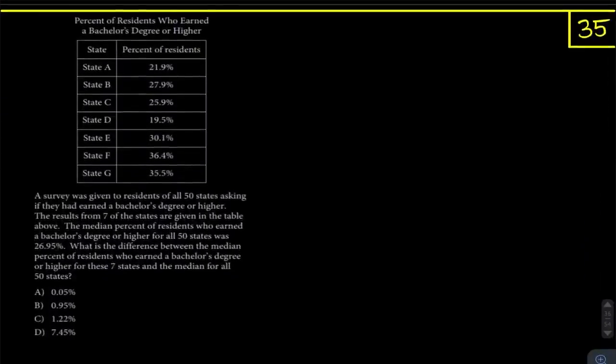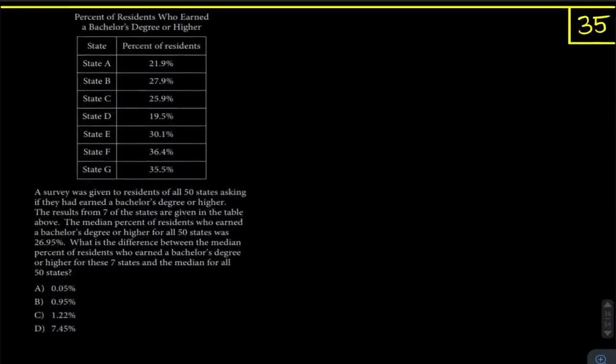Moving on to problem 35 here, we have a table that is giving us the percent of residents who earned a bachelor's degree or higher, okay? The problem says a survey was given to residents of all 50 states asking if they had earned a bachelor's degree or higher. The results from 7 of the states are given in the table above.